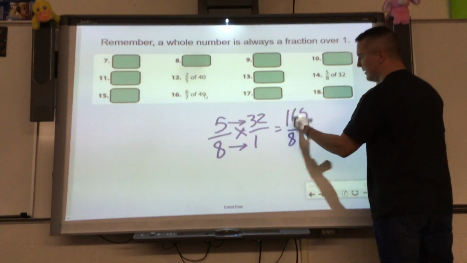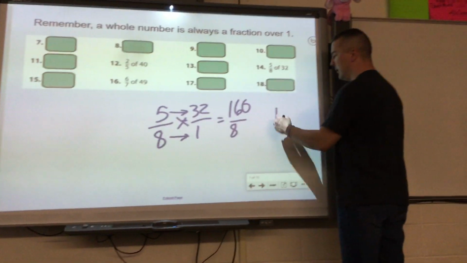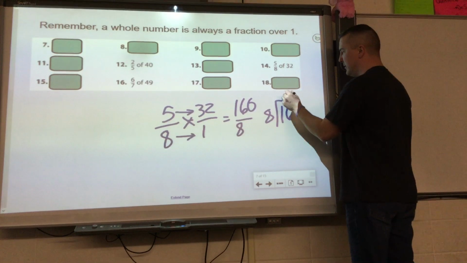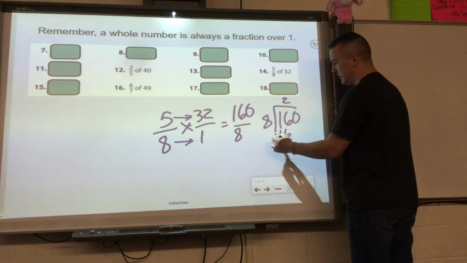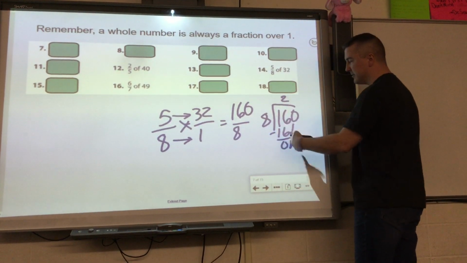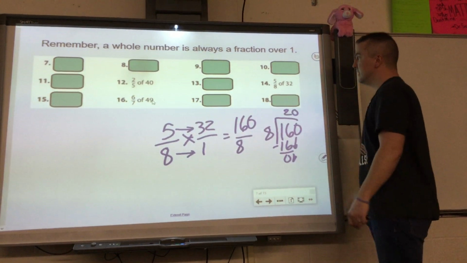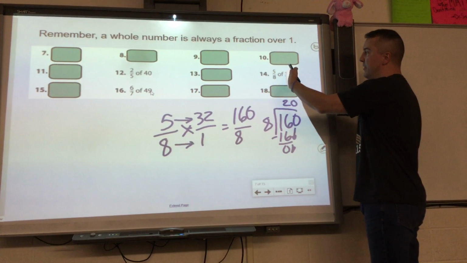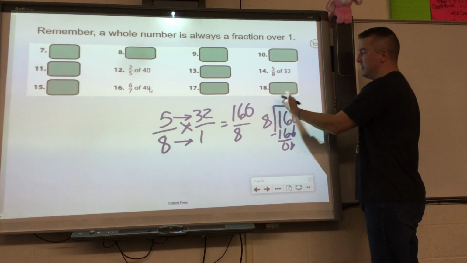That sounds right. Improper fraction, well, I'm going to divide this out. 160 divided by 8. I get 2, another 0. I'm not done. My answer's not 2, it's 20. So 5/8 of 32. 8 out of 8 would be 32, but 5 out of 8 it's 20.